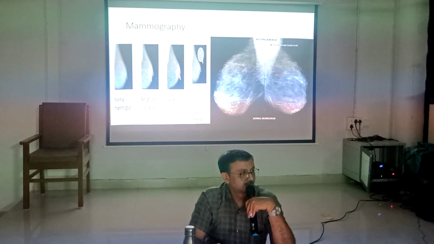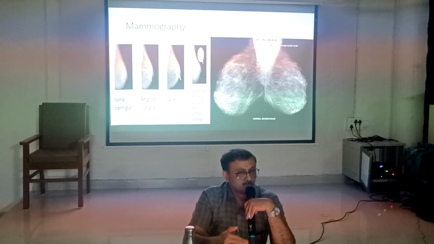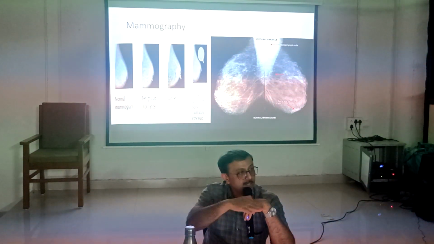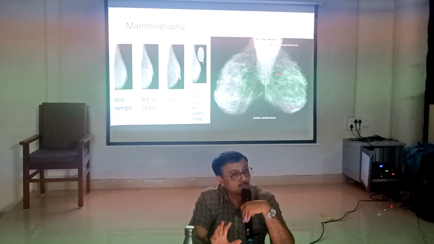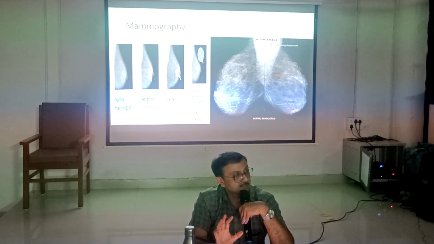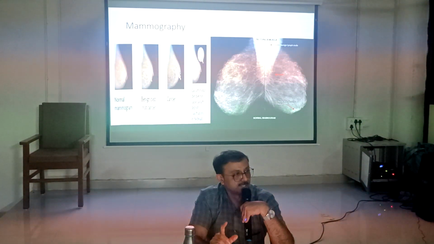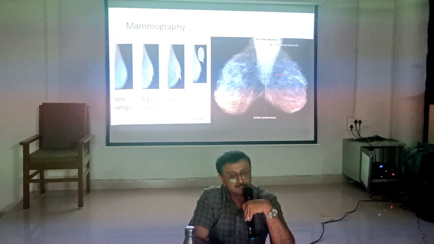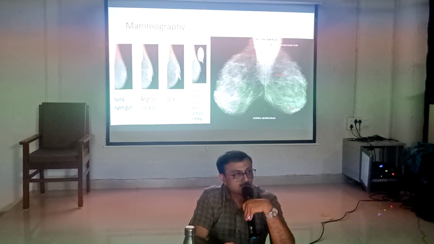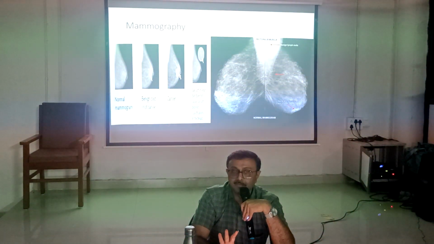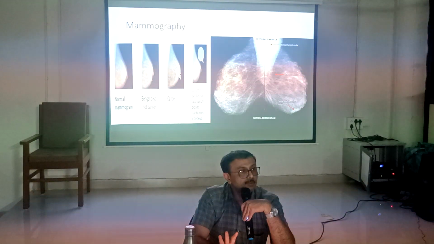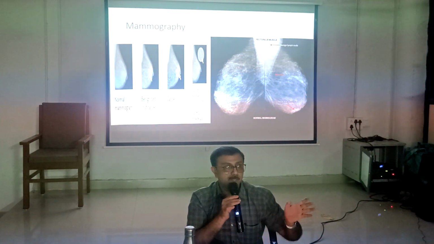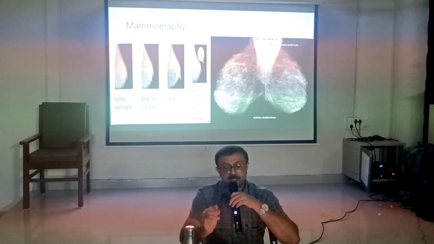Craniocaudal. In mediolateral it comes on one side only, in craniocaudal it covers both sides. Craniocaudal covers the largest volume of breast. The craniocaudal view is formed on the breast parenchyma, and the oblique picture shows the pectoralis and axilla.